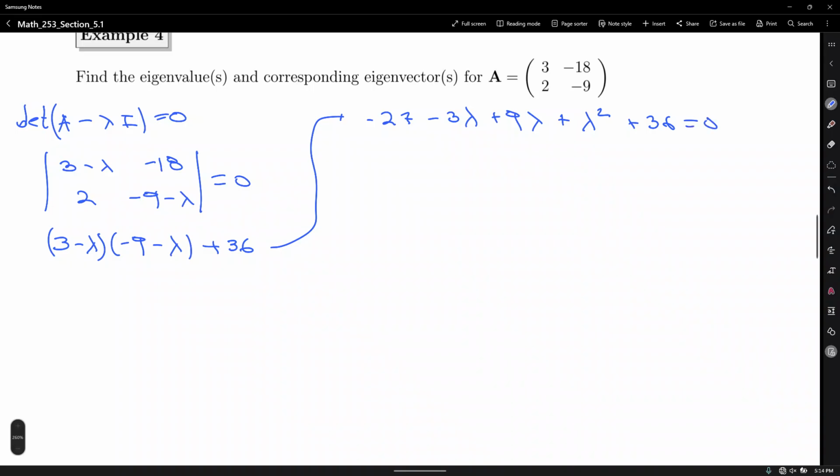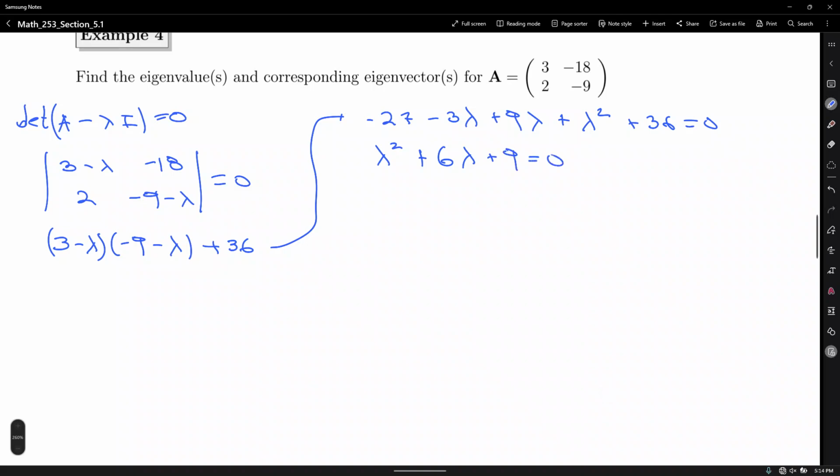So let's simplify the equation to get lambda squared plus, wait, actually plus 6 lambda, not 3, plus 6 lambda. And then 36 minus 27, what is that? 9, right?